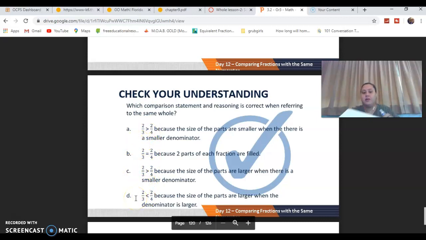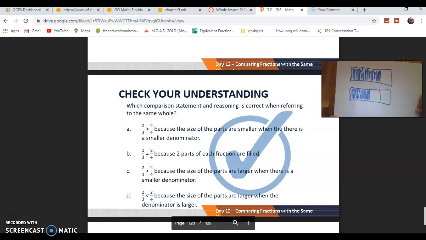So first thing I'm going to do is draw this out. I'm going to draw two rectangles of the same size, one in thirds and one in fourths, and both have 2 shaded. Now we know the rule that we said, well, as long as it's the same numerator up top, the bigger the denominator, the smaller the fraction. But let's verify that with a visual, and here's your visual.